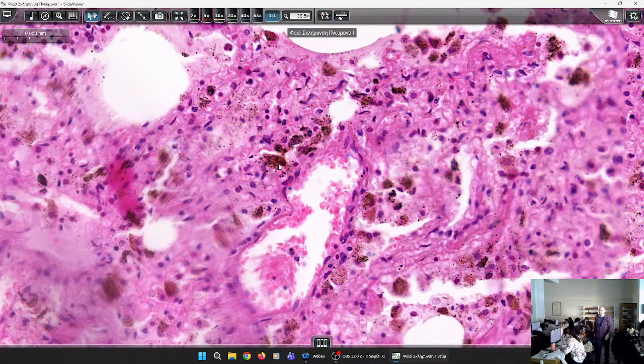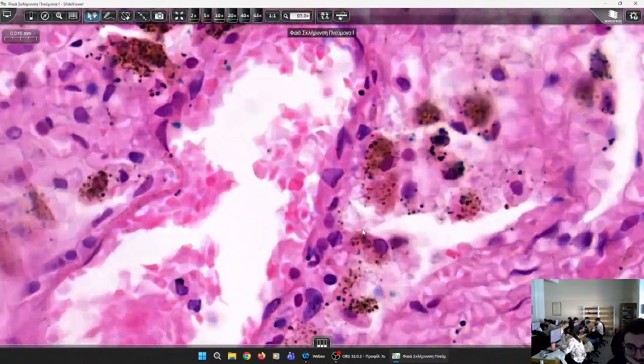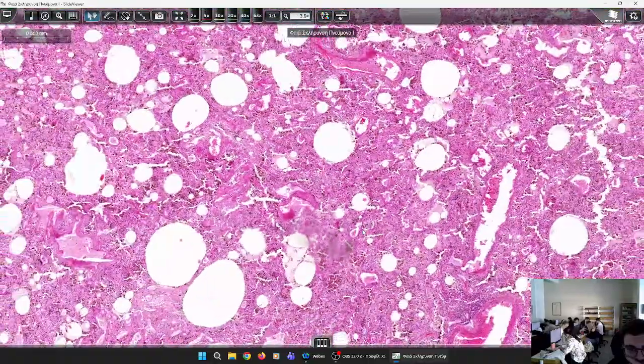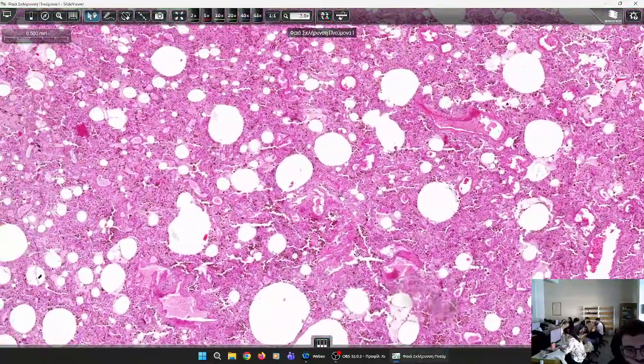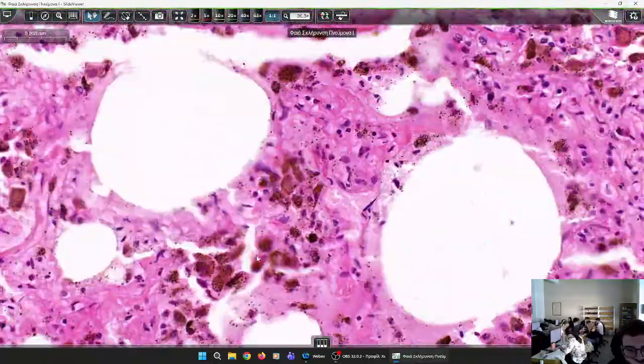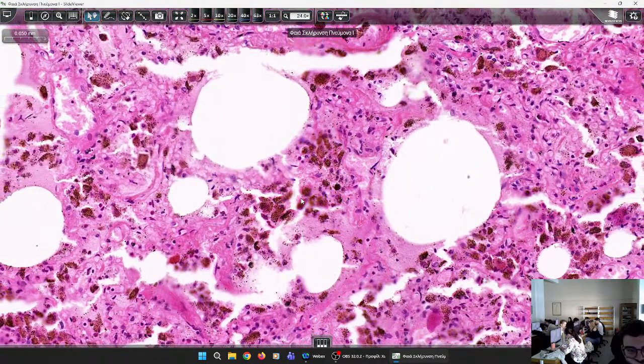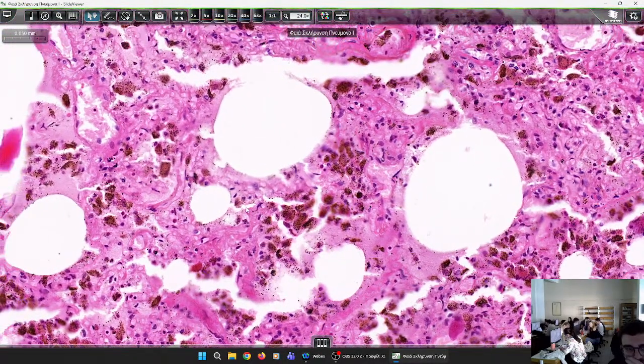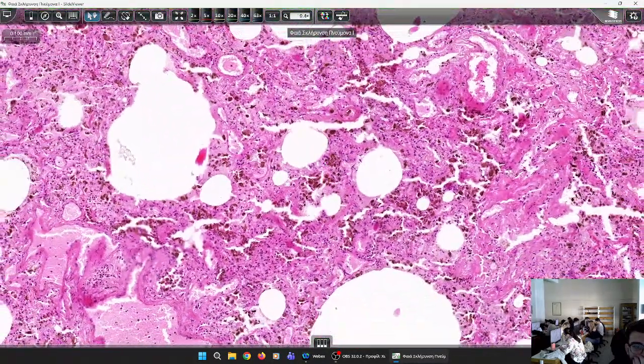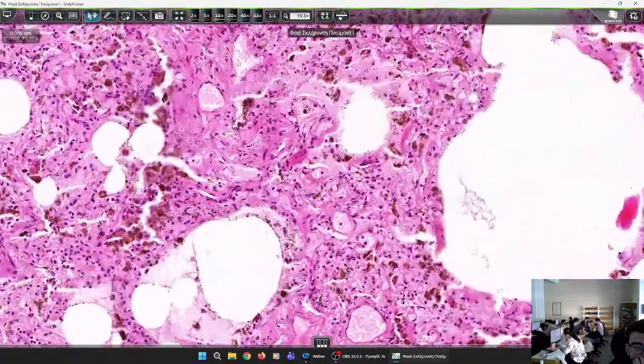And perhaps these macrophages can be excreted in the sputum in patients with left heart failure. So these are known as siderophages. That means that it is from hemoglobin that has come out of the vessels with the red blood cells, and it was phagocytosed by the resident macrophage.